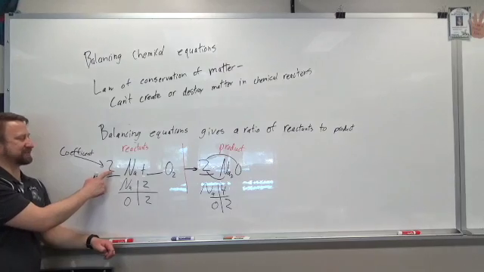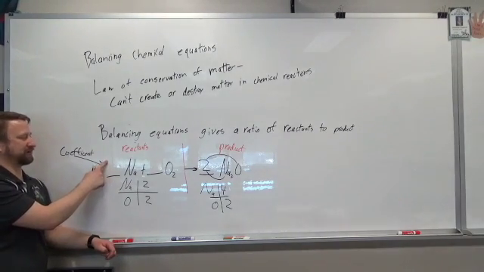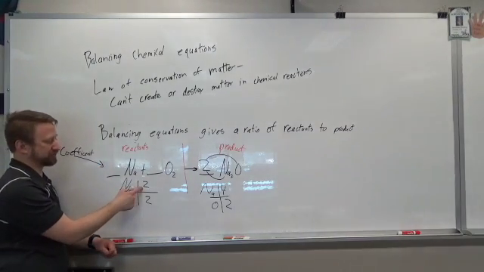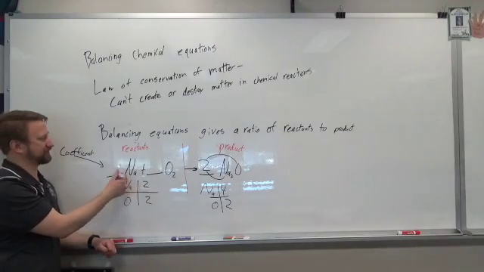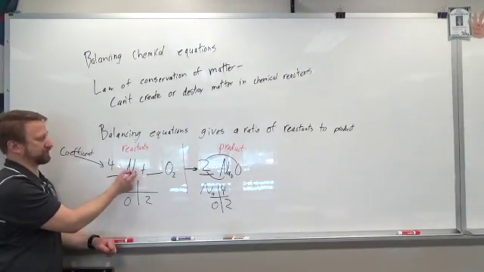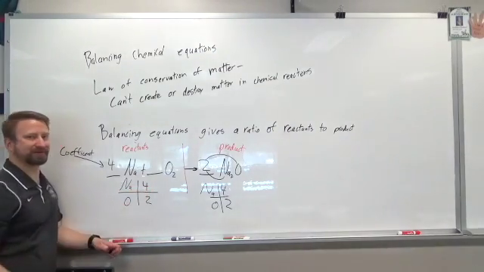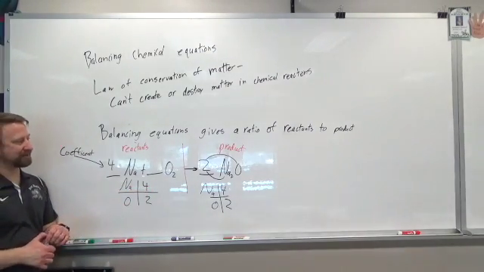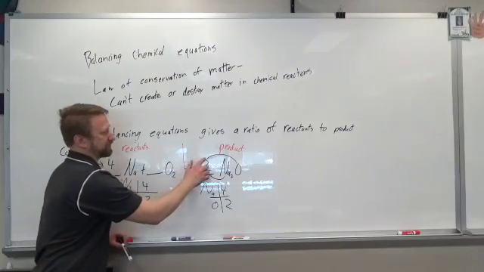So I have to come back to this side. This coefficient doesn't work for me, because I have 2 sodiums here. They're unbalanced. But if I put a 4 here, 4 times that 1 gives me 4. Now they're balanced. We don't need all this here.